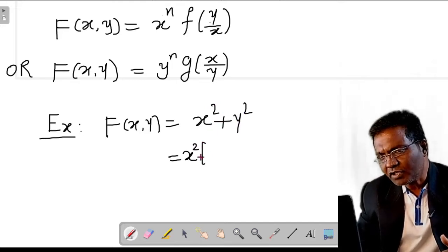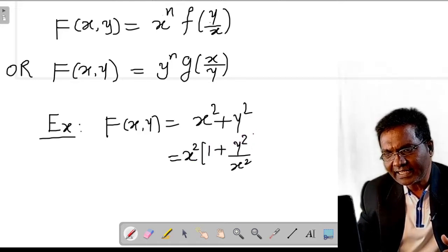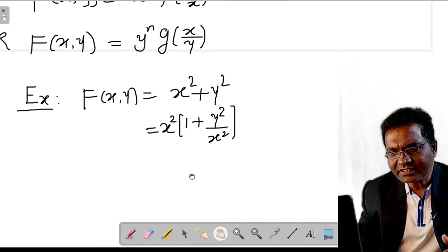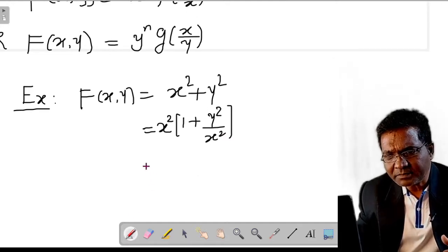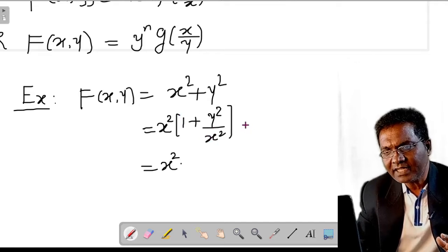If I take x square common, what will you get? 1 plus y square by x square. Okay, look at this now. This is expressed in the form x square, and this is a function of y by x. Every term is in the form of y by x. I can show you.